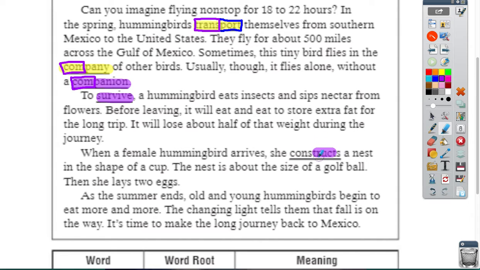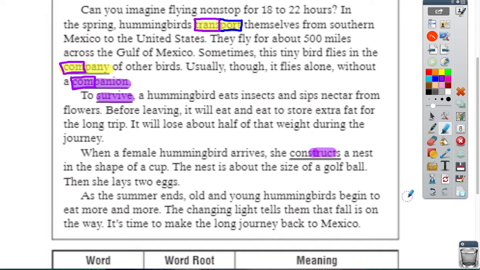Remember, struct means to build, so she's building her nest. The nest is about the size of a golf ball. Then she lays 2 eggs. As the summer ends, the old and young hummingbirds begin to eat more and more. The changing light tells them that fall is on the way. It's time to make the long journey back to Mexico.